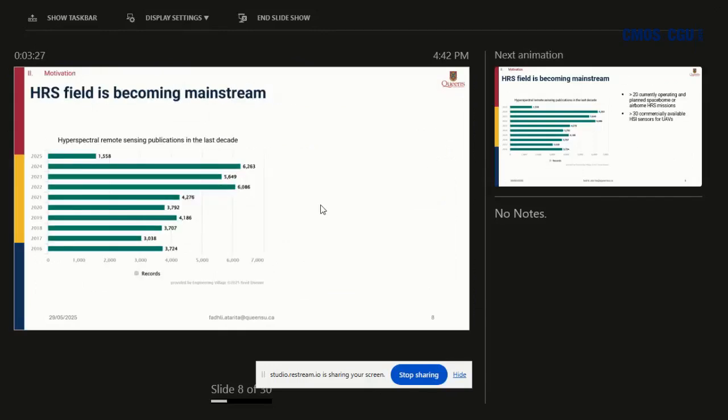And in the last 2 decades, the hyperspectral remote sensing field has been becoming mainstream, and this is data by Engineering Village showing there is an increasing trend in the number of publications in hyperspectral remote sensing in the last decade.